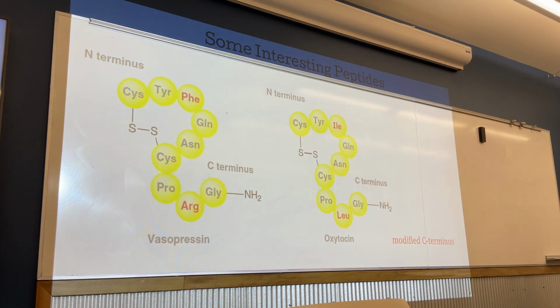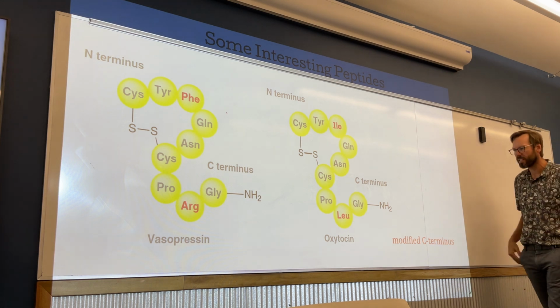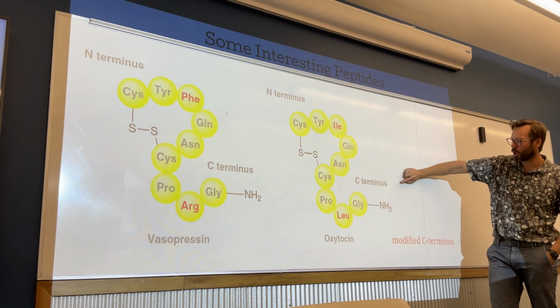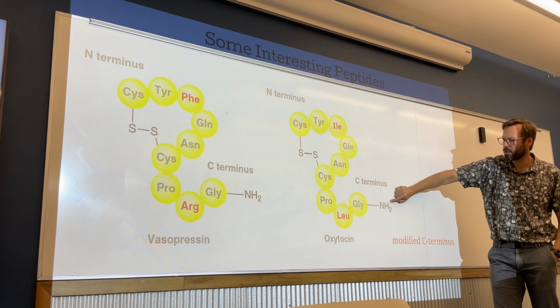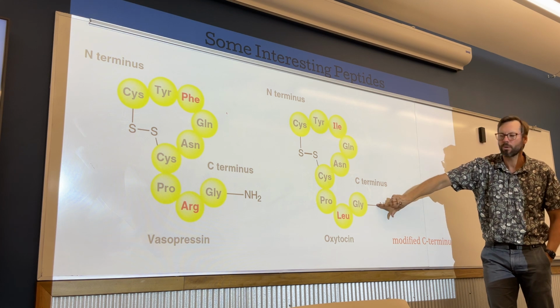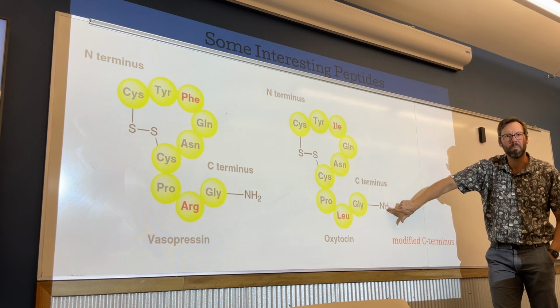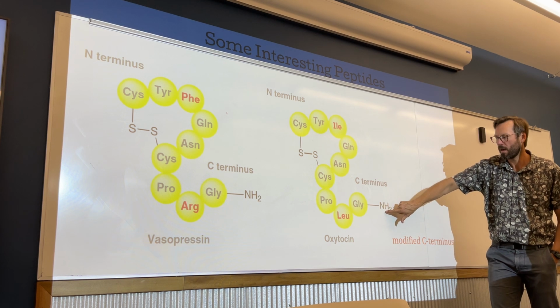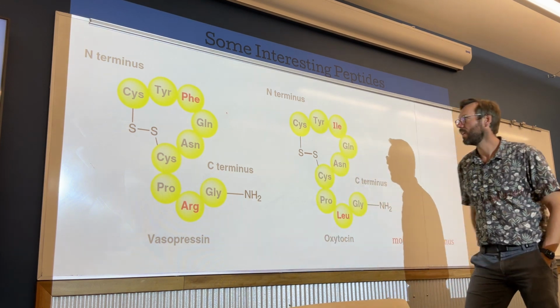Vasopressin, oxytocin, you might have heard of these. These are interesting in that the C-terminus is modified. Instead of having the OH group, it has another amine group in place of it on both of these.